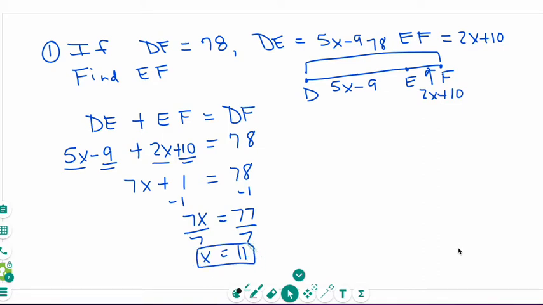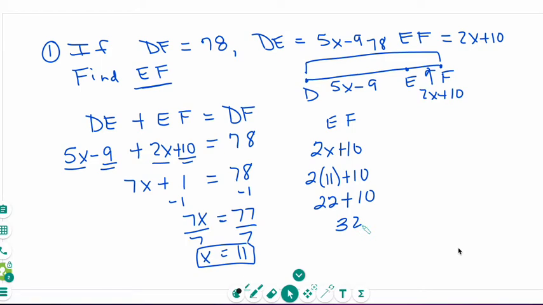But it asks me to find EF. So I'm going to come over here and do EF is 2x plus 10. 2 times 11 plus 10. 22 plus 10 is going to give me 32.